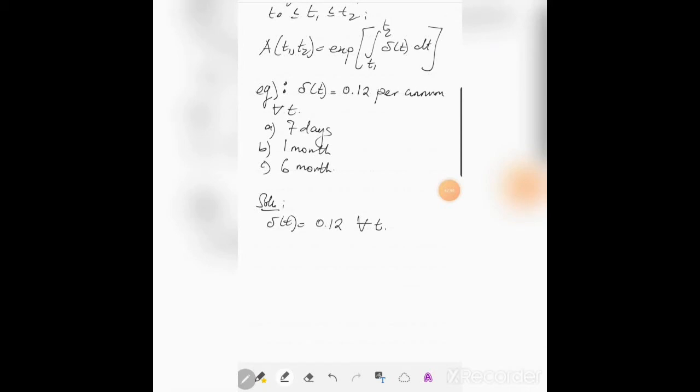We need to find the nominal rate of interest per annum, and the nominal rate of interest was denoted by i_h(t), which is nothing but the exponent of the force of interest, 0.12 h, minus 1, everything over h.